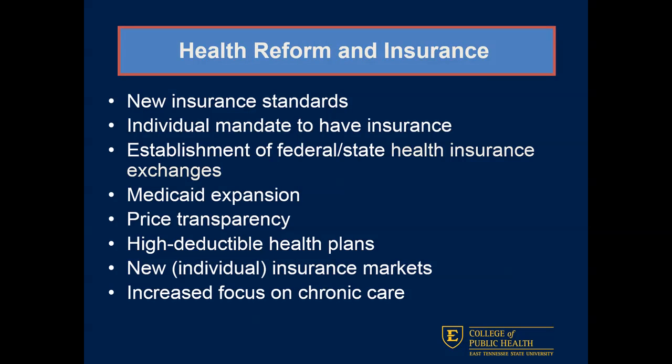So what does this mean for finance and insurance? We have already seen, not in Tennessee but in other states, an expansion of the Medicaid program. The hope is to have some price transparency here so that we can decrease the moral hazard and the adverse selection that we talked about at the beginning of this lecture. But we do expect to see a lot more high deductible healthcare plans.